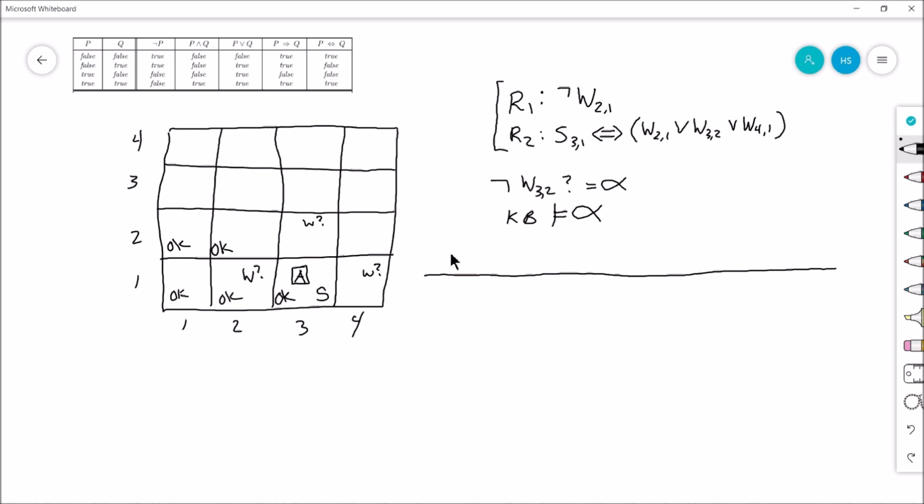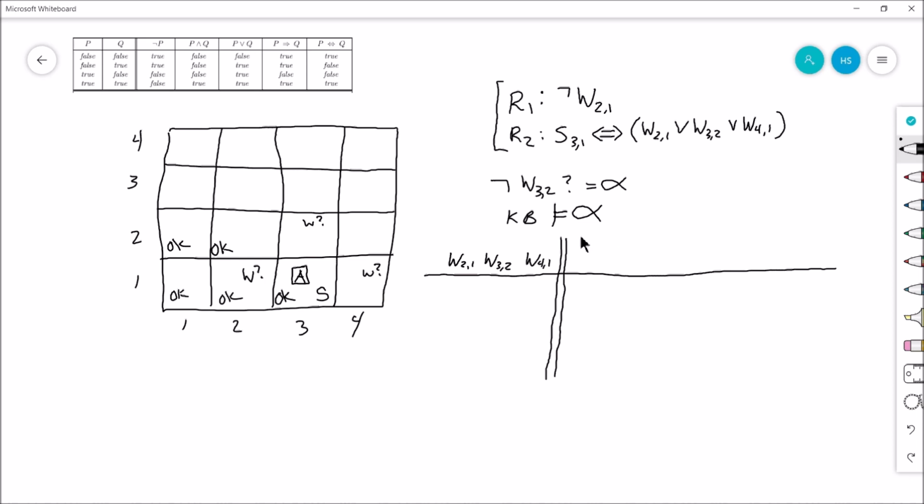So one of those variables was square 2,1. Another one of those variables was square 3,2. And another one of those variables was square 4,1. Okay, so those are the 3 variables that we're interested in right here. Now, depending on the configuration of those variables, that's going to impact what happens with our knowledge base.